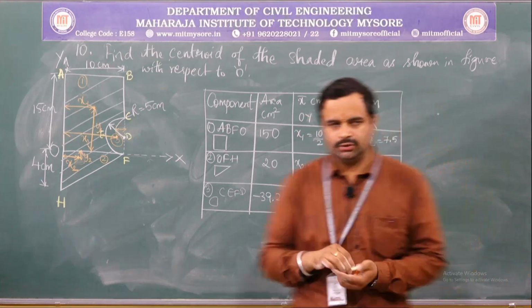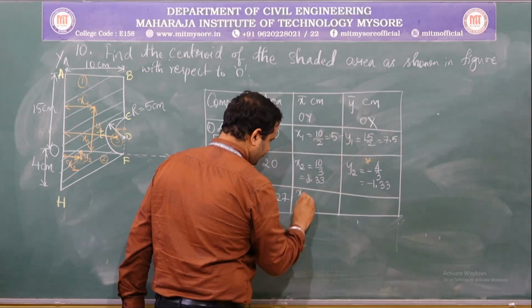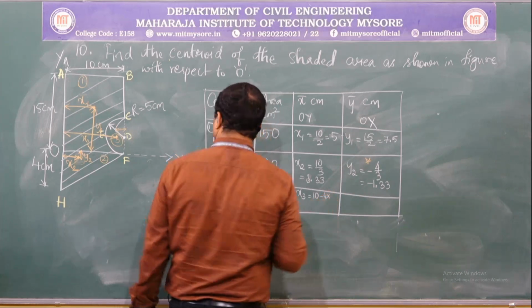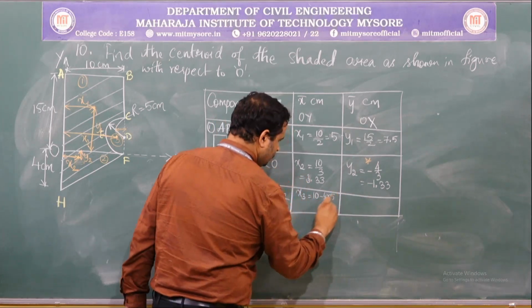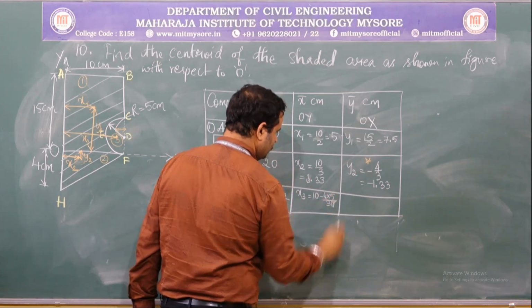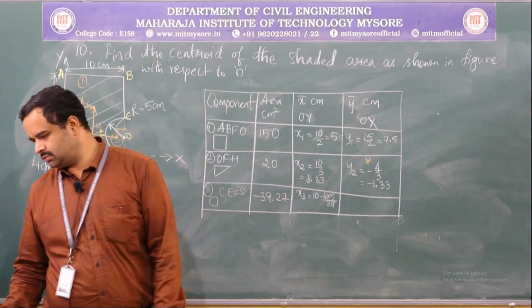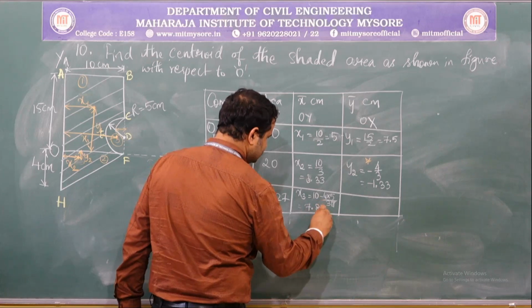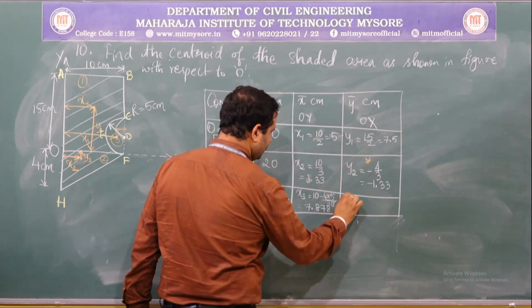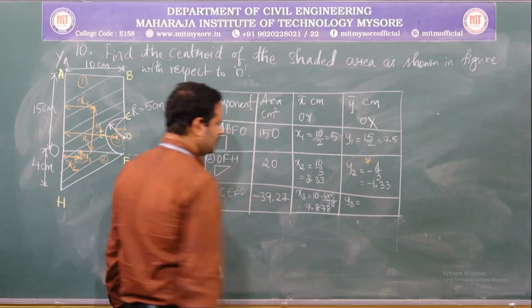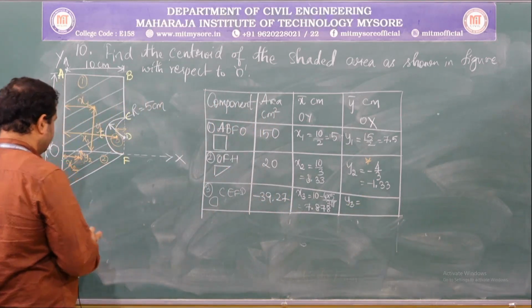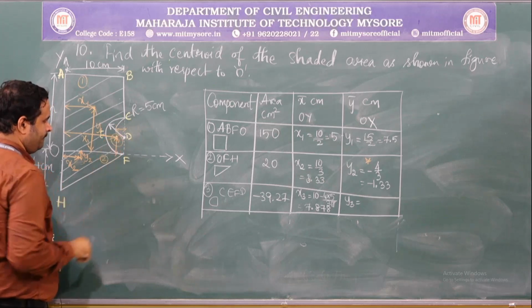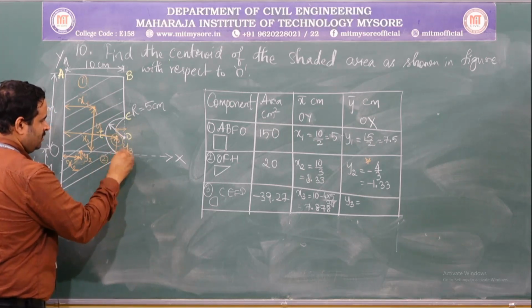So, x3 is equal to 10 minus 4 into 5 by 3 pi, which is equal to 7.878, and y3 is equal to, with respect to OX axis, this is nothing but y3.